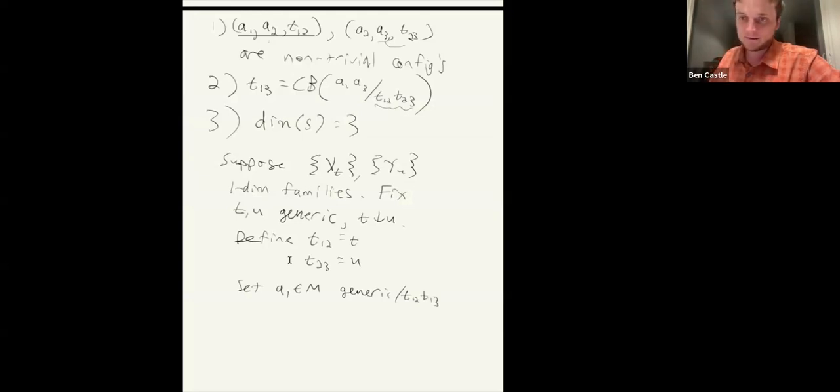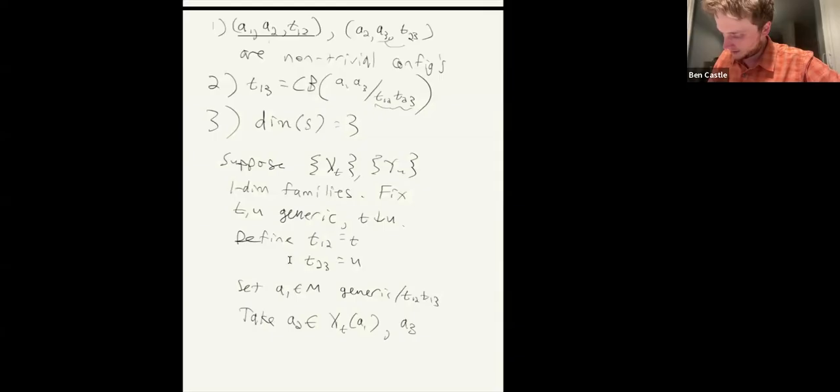Now, because X_T12 is a plane curve, a finite correspondence from M to M, we can extend A1 to a point on that one. So we take A2 in the image of A1 under X_T. And this is also generic in M over T12.